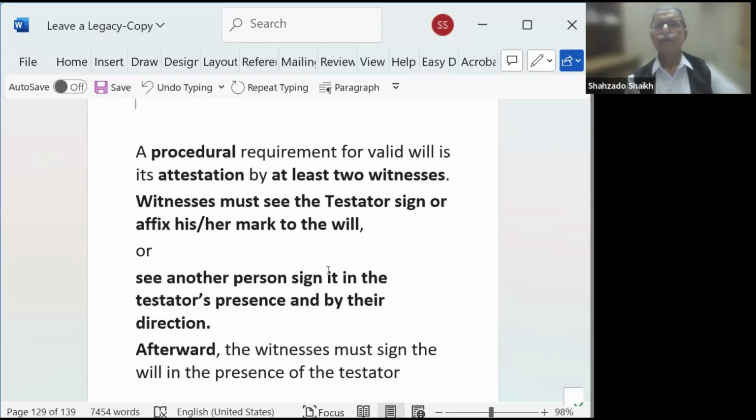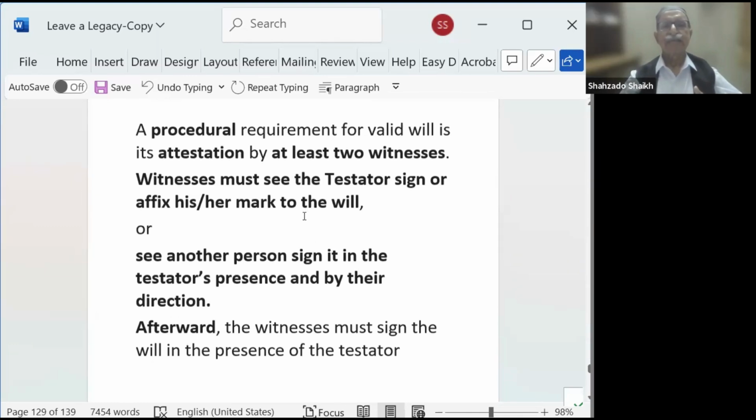Because the attorney will put a lot of questions to prove that he was not witnessing it. Witnessing is seeing, eyewitness.